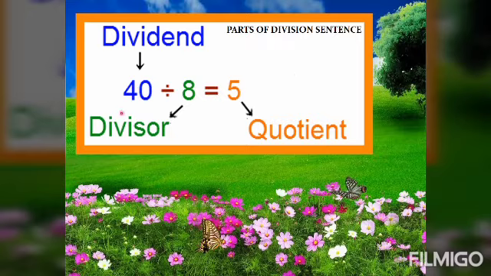Again, these three words are the three parts of a division sentence. So let us now identify their names. We have here 40. 40 is the dividend, 8 is the divisor, and 5 is the quotient.